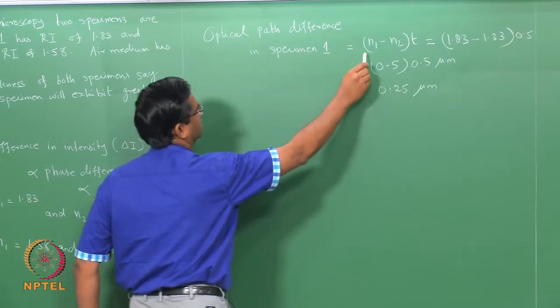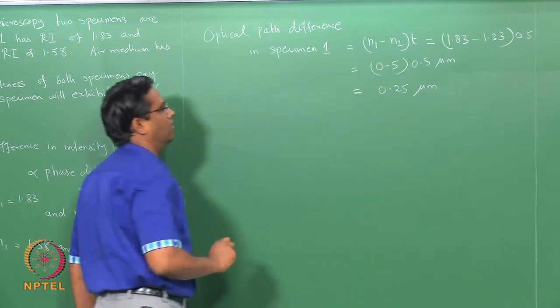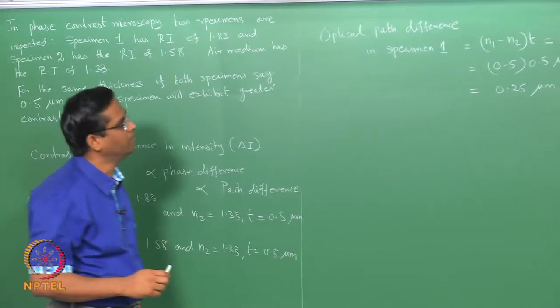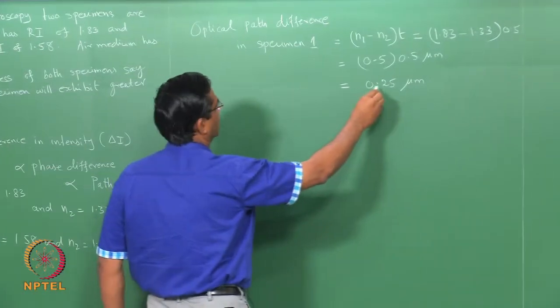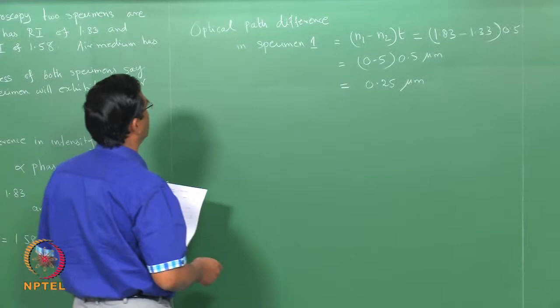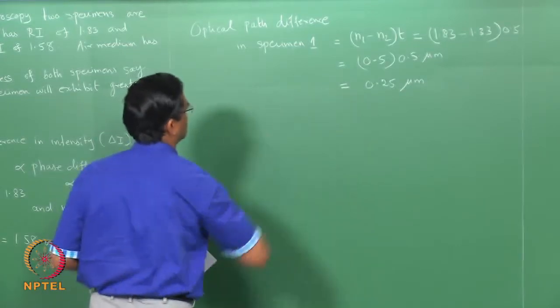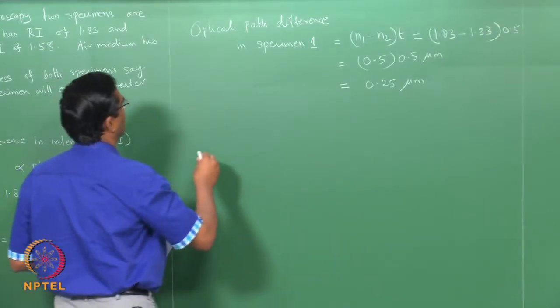The path difference is the difference in the refractive index times the thickness of the medium. So, you get the path difference of specimen 1 as 0.25. Similarly, we can do the same for specimen 2.